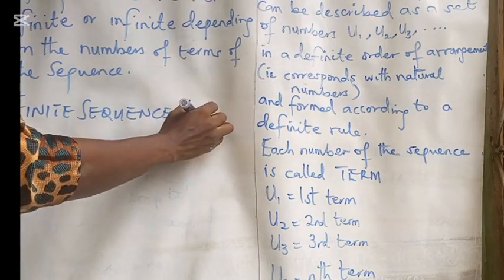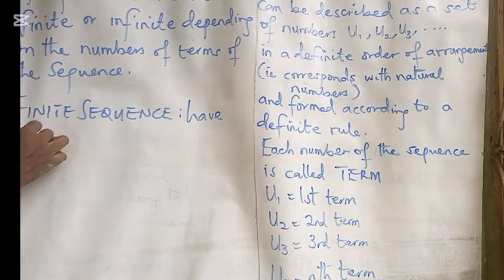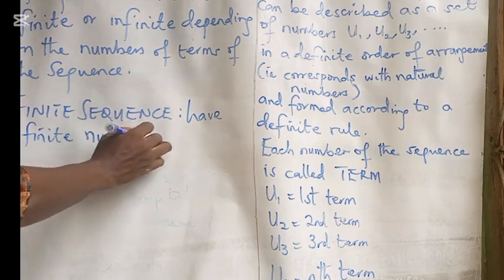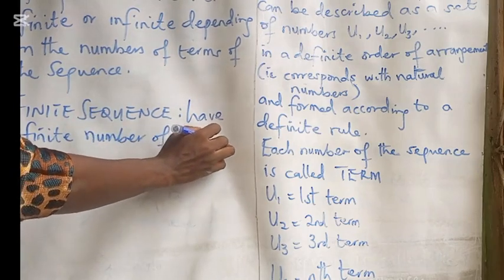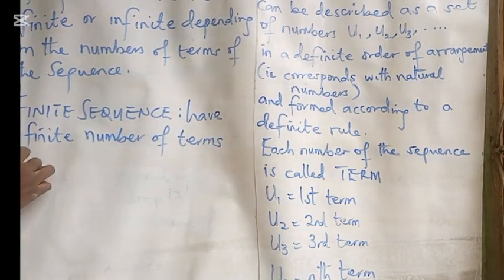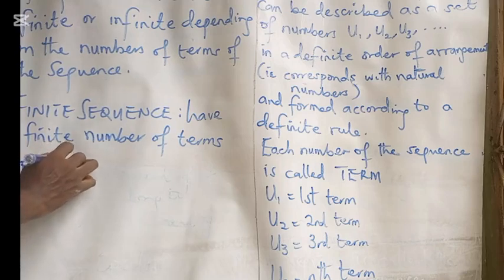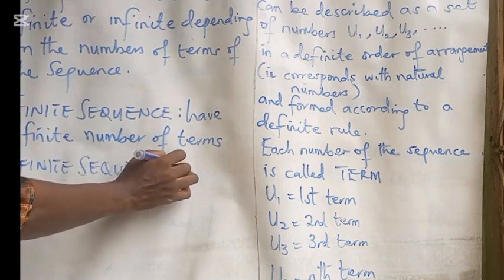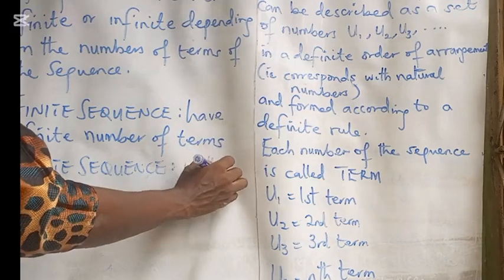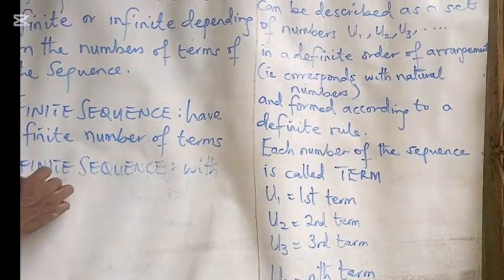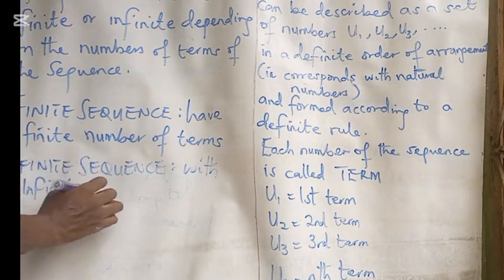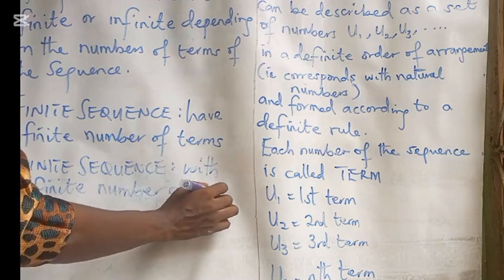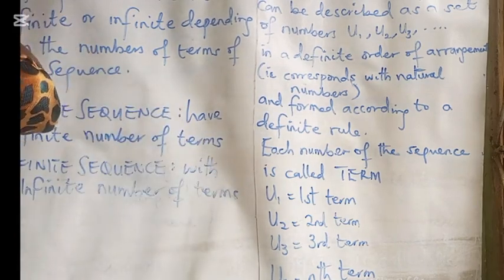They are sequences that have finite number of terms and our infinite sequence are sequence with what? Infinite, they are sequence with infinite number of terms.